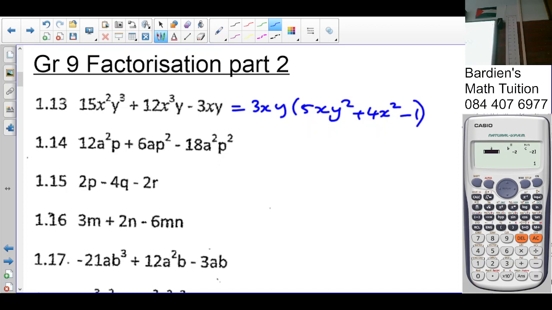Who got that wrong? Where did you go wrong? Plus, but it's minus. You must go minus. xy is common.